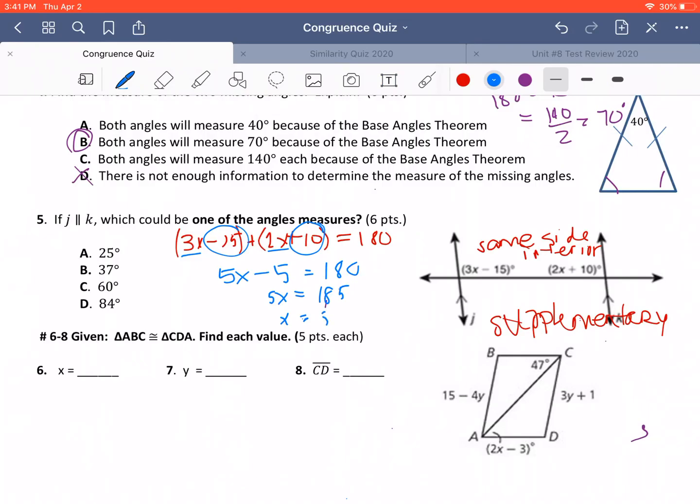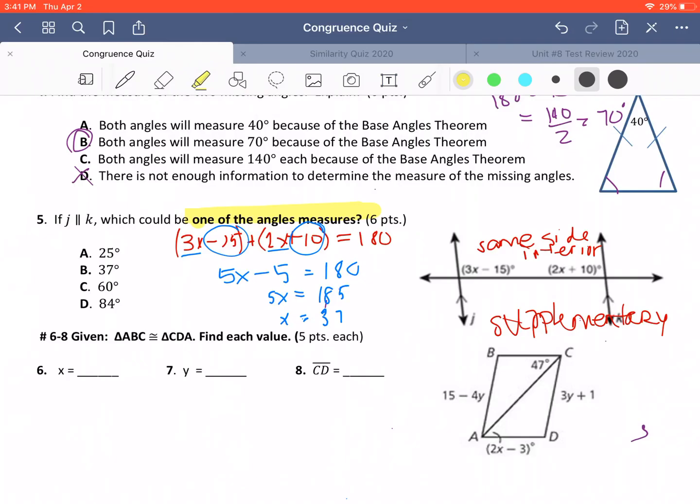Yes, 37. So a ton of people picked B because they solved for x, so they picked B. That's a distractor. You have to answer the question being asked, which is one of the angle's measures.